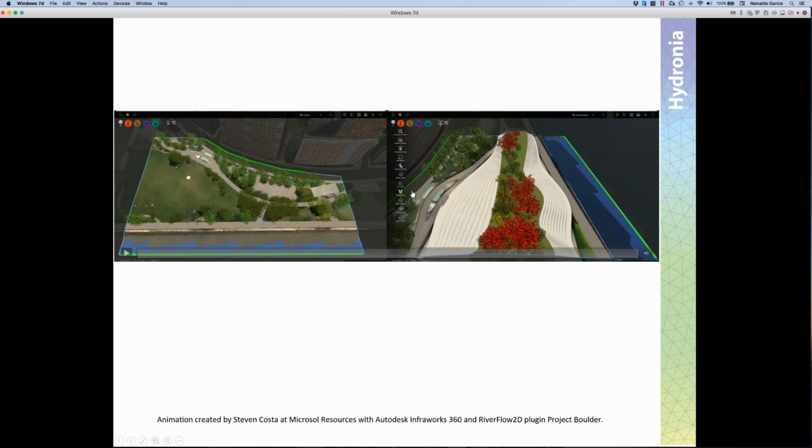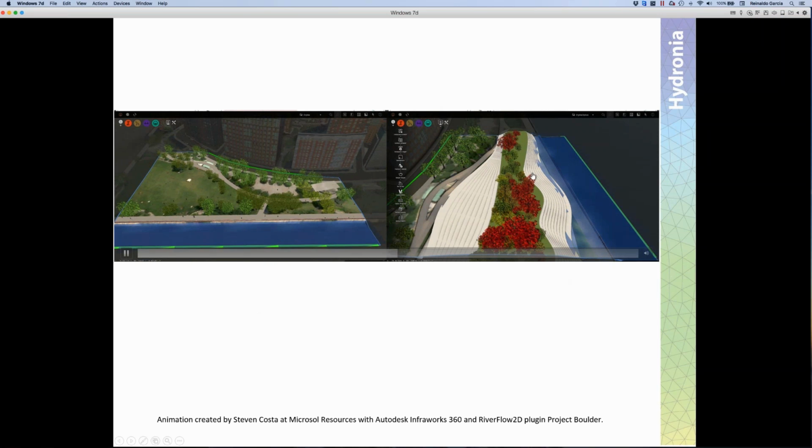They are experimenting here, the Microsoft Resources, with different options for mitigation. In this animation, you can see some of these options, a kind of wall that can keep the water from flooding this coastal area.